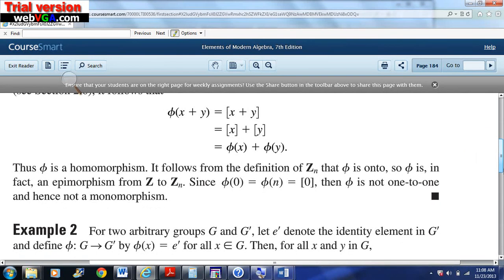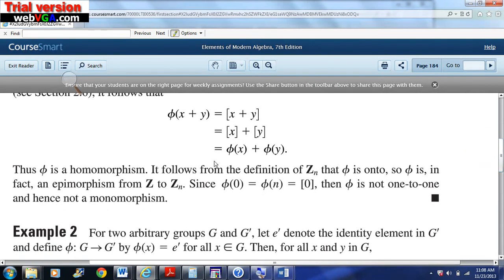It tells us right here: it follows from the definition of Z sub n that phi is onto. So phi is, in fact, an epimorphism from Z to Z sub n. And that's what we said in the definition. We said that if the homomorphism is onto, then it's also called an epimorphism.